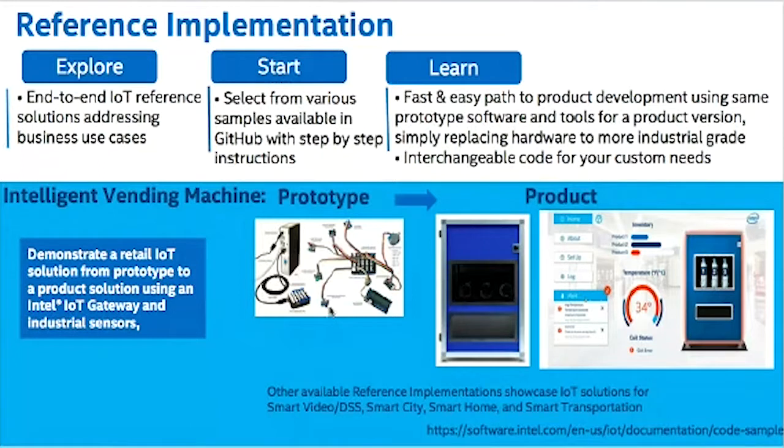We will do a mobile application surrounding it, and we will transition from using a simple maker sensor to an industrial grade robust sensor, and we'll show you how all that is done. And we have the complete code out there in the Git repository so that you will be able to replicate that entire experience.